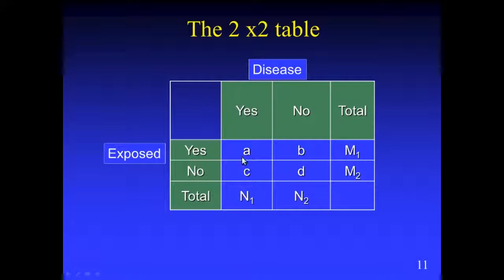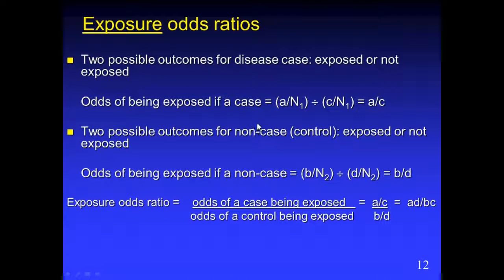The probability of being exposed is A over N1. The probability of not being exposed is C over N1. So we divide A over N1 by C over N1. The N1s cancel out, and we just get A divided by C.